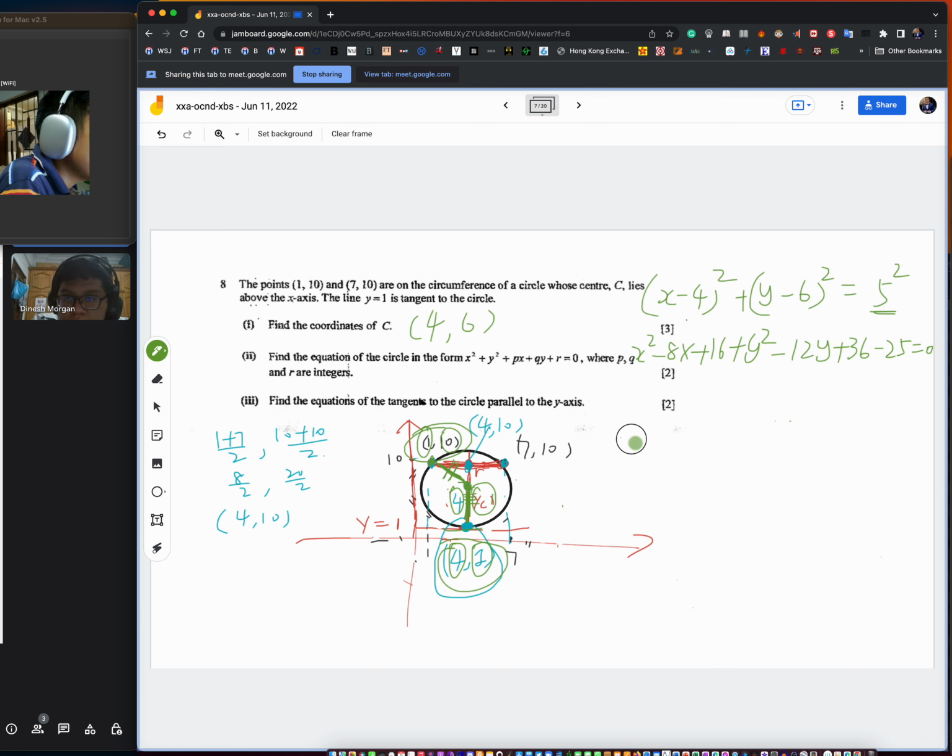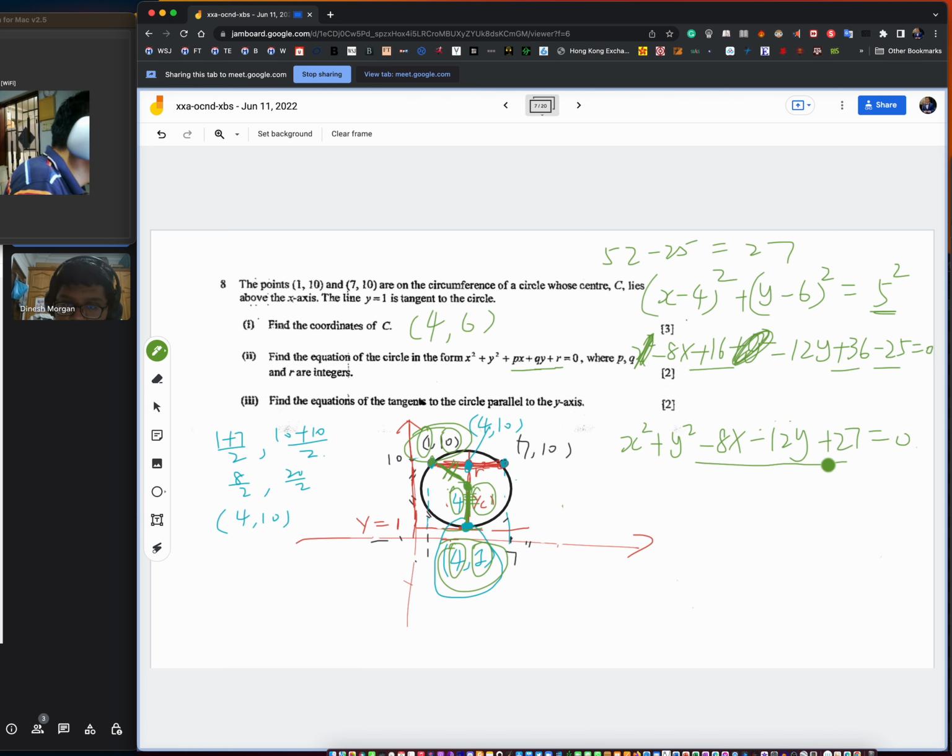So x squared plus y squared, minus 8x, minus 12y, then 52 minus 25, so this is 27. So just read the thing off. So this is by comparison.